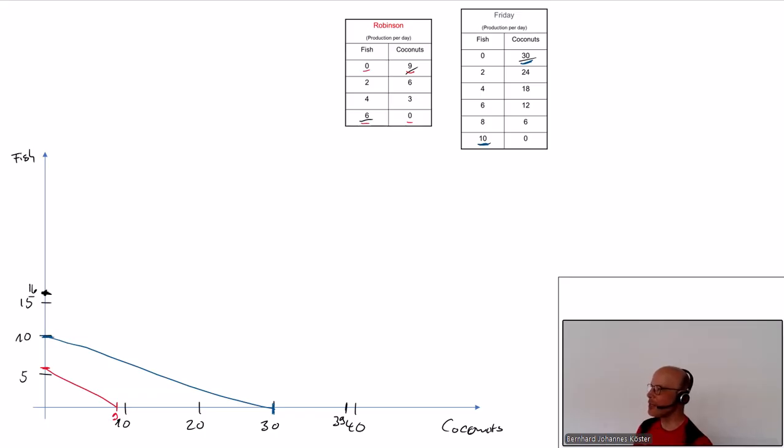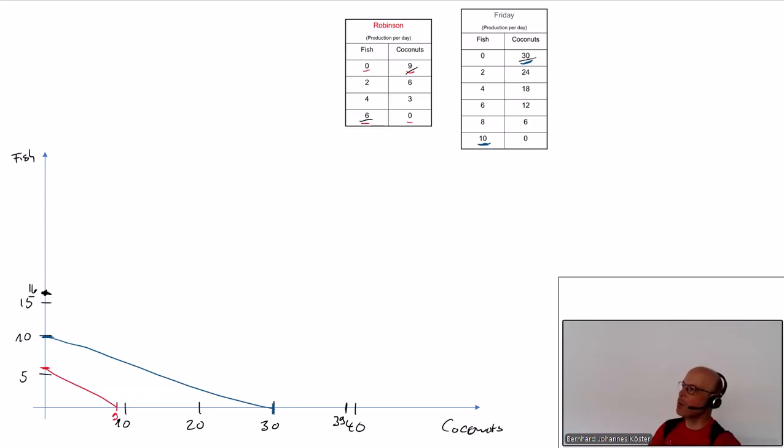Because they are talking to each other, the first thought would be, okay, I know Friday can do everything better than I. But is this really true in the argumentation of comparative advantage? Because when they are talking to each other, they can just ask, well, let's think about it. Who should start?